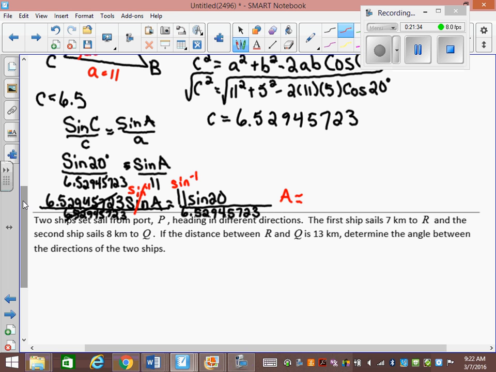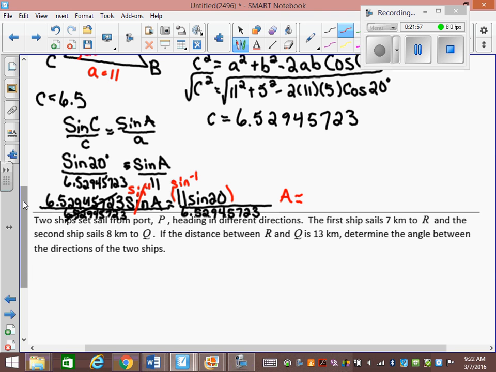Now, if you put this in all at once, remember the top needs to be in its own brackets because it has to know that you multiply those first and divide. Or you can just, I always do that first. Go 11 sine 20, hit enter, divide it by the decimal 6.529455723, and then second sine, second answer.